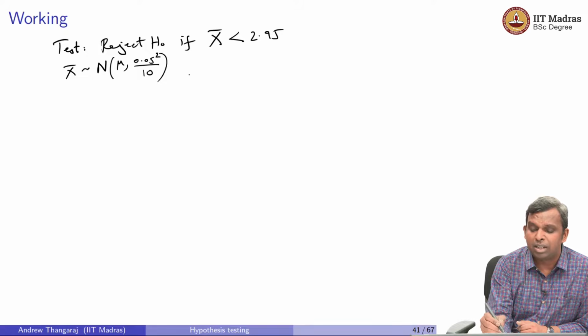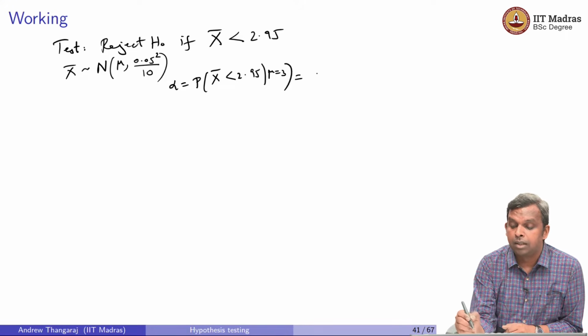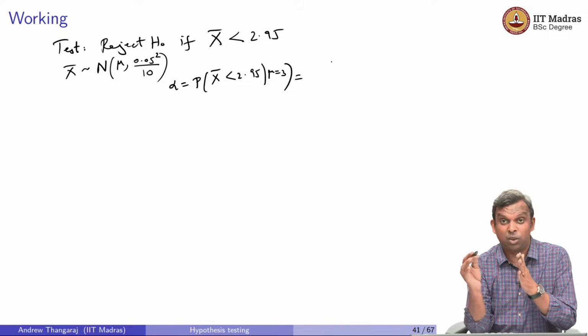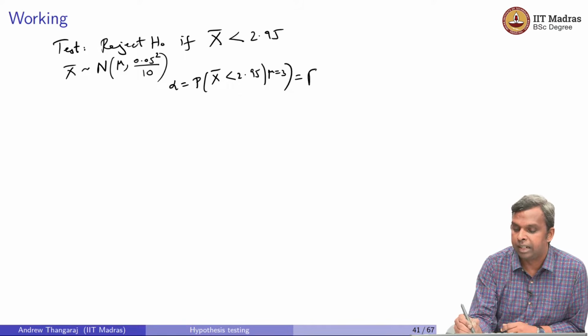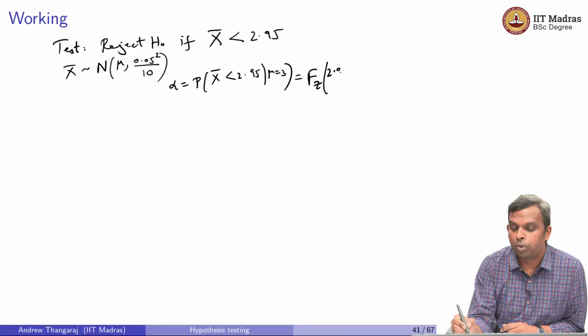After this, alpha is easy. Alpha is the probability that x bar is less than 2.95 given mu equals 3, right? So this is one type of error. This is left sided, so it will work out directly as the normal CDF of (2.95 minus 3) divided by 0.05 over square root 10.